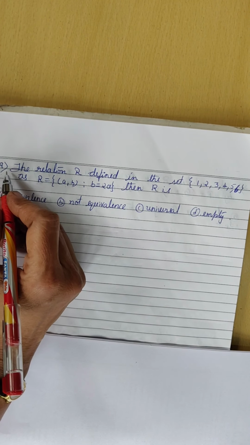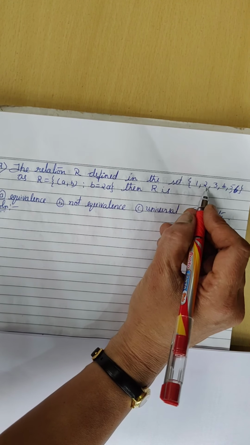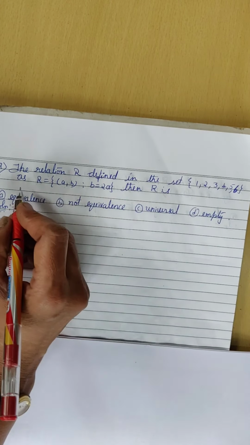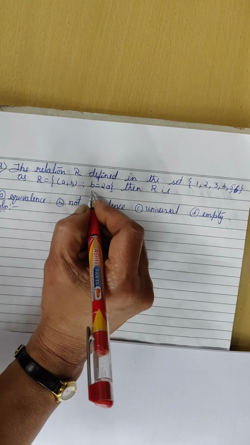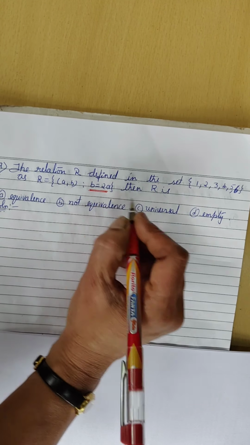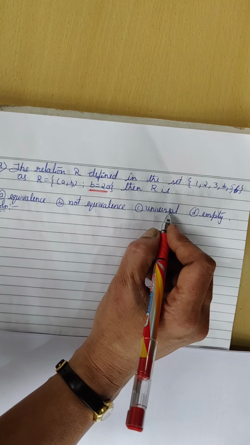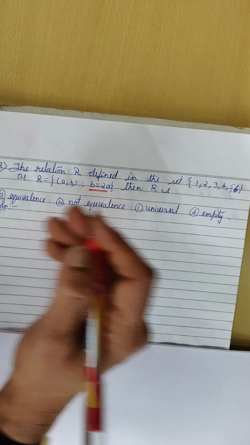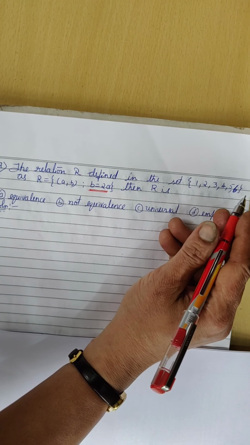19th one here. The relation R defined in the set {1, 2, 3, 4, 5, 6} as R equals (A, B) such that B is equal to 2A. This is the relation for us. Then R is equivalence, not equivalence, universal, or empty. So let us take a look at it. We have the set 1, 2, 3, 4, 5, 6.